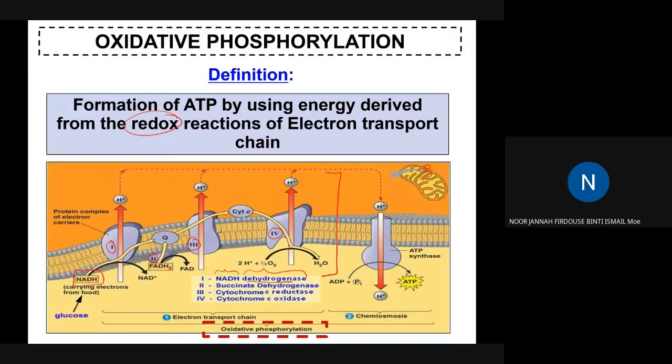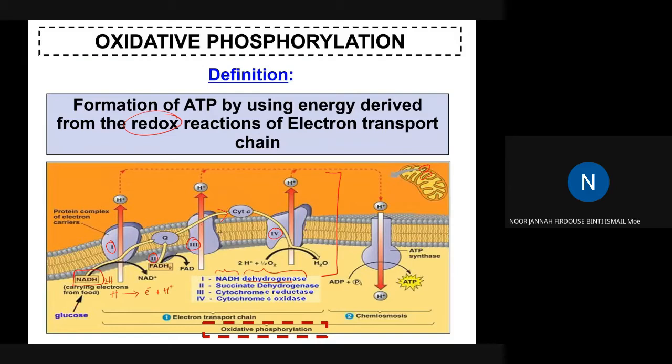So NADH here will release a hydrogen molecule, which is made up of an electron and a proton. The electron will be passed through the electron transport chain, while the hydrogen will stay in the matrix of the mitochondria for the time being until their concentration increases. Then we will explain what happens later.